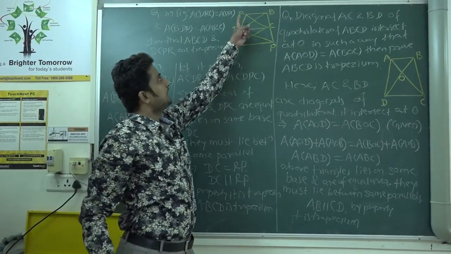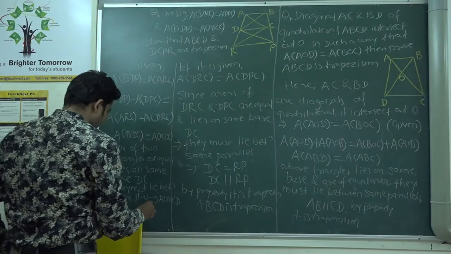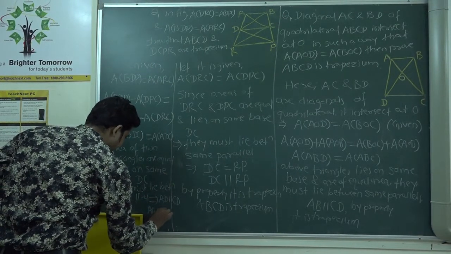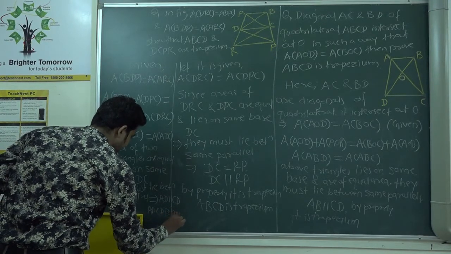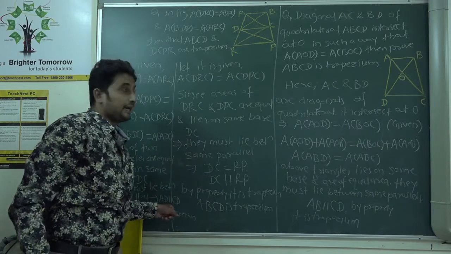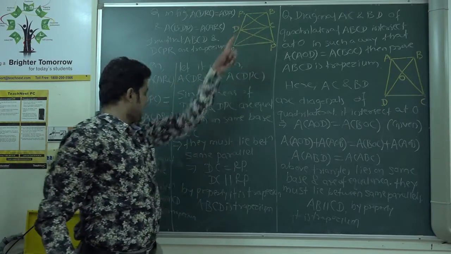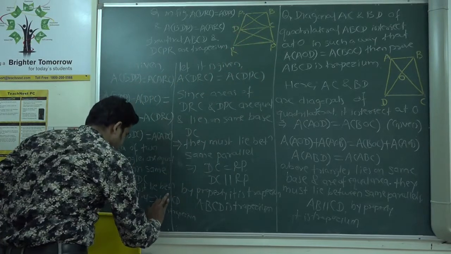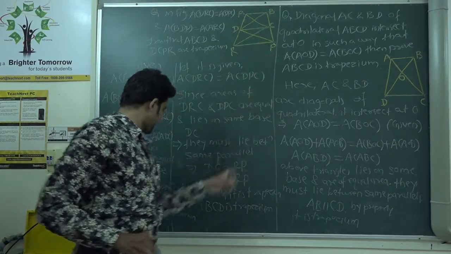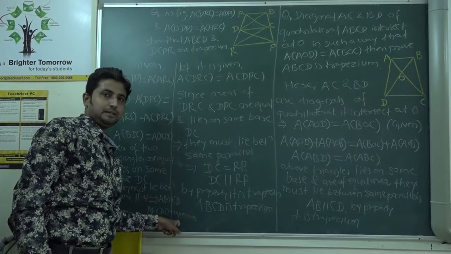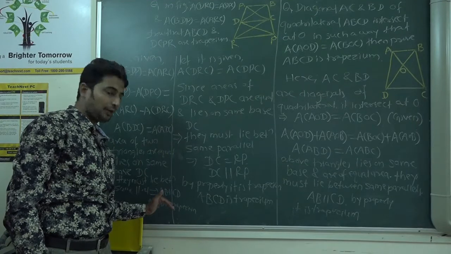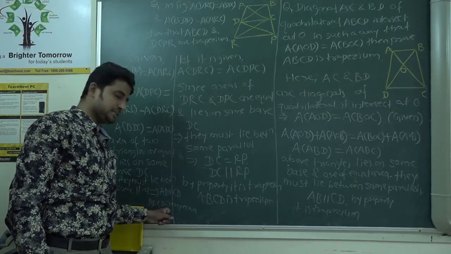Now dear students, by property of trapezium, ABCD is a trapezium. AD is parallel to CD. This AB is parallel to CD. AB is parallel to CD. Hence, ABCD is the trapezium. So, by using the result, we can conclude that it is a trapezium.